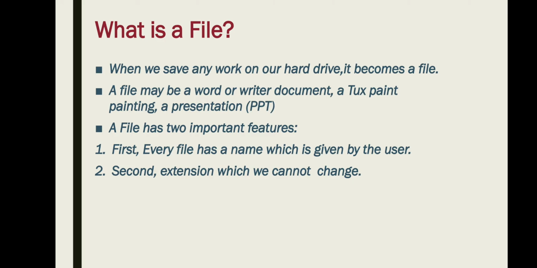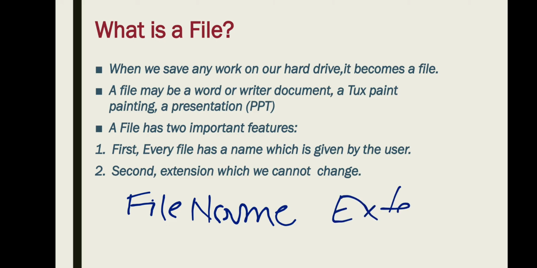A file has two parts. One is the file name and another is the extension name. File name and extension name are separated by a dot.